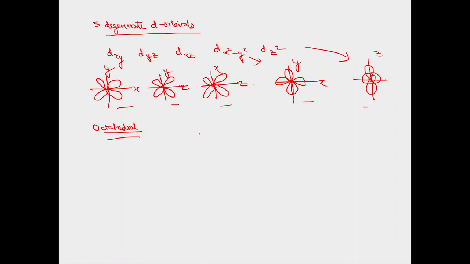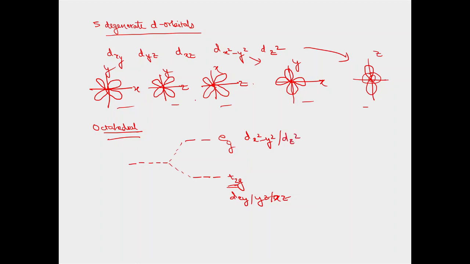Therefore there will be more repulsion, and the 5 degenerate d orbitals split into two sets, eg and t2g. The t2g consists of dxy, dyz and dxz, whereas eg consists of dx square minus y square and dz square.